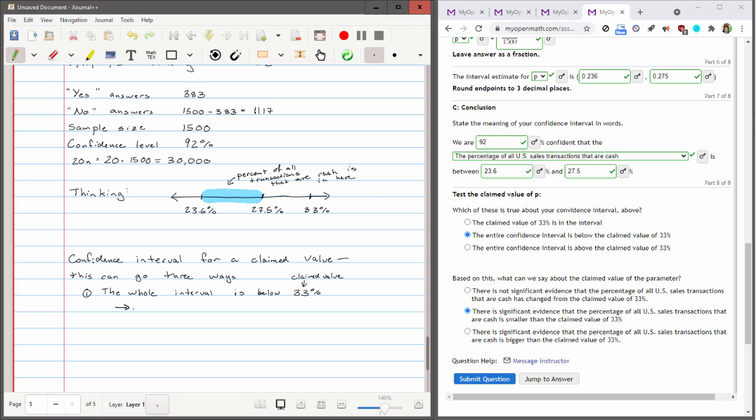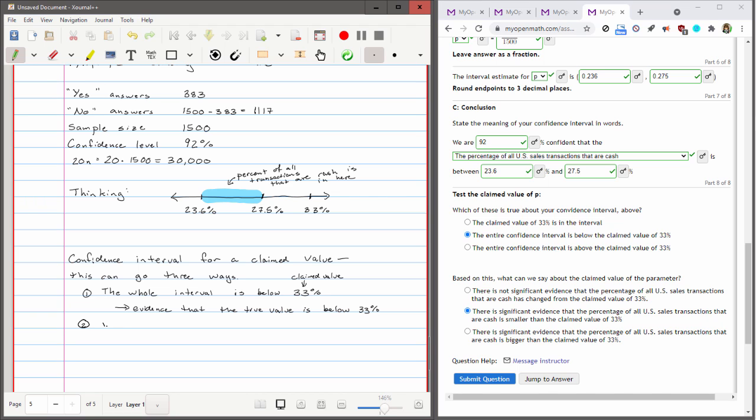Then we have evidence that the true value is below 33, because we think that the true value is in the interval. Or it might be the other way around.